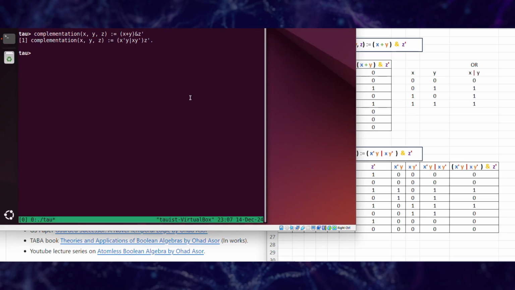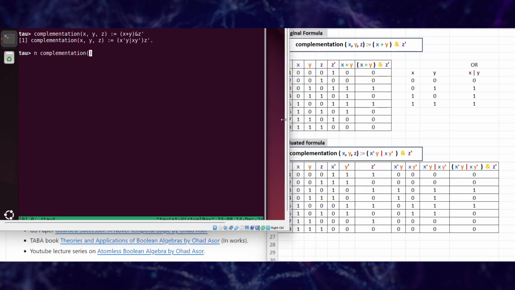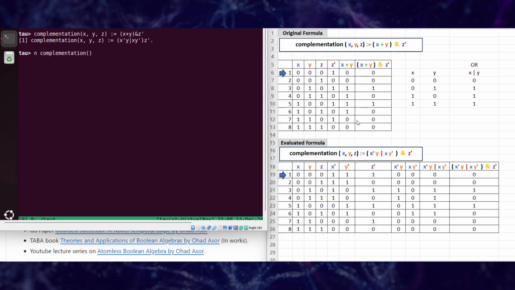Okay, so let's test here. In order to test, just recall this one and normalize. So instead of xyz, we will replace this with a. So here is first 0, 0, 0. So the output should be 0.